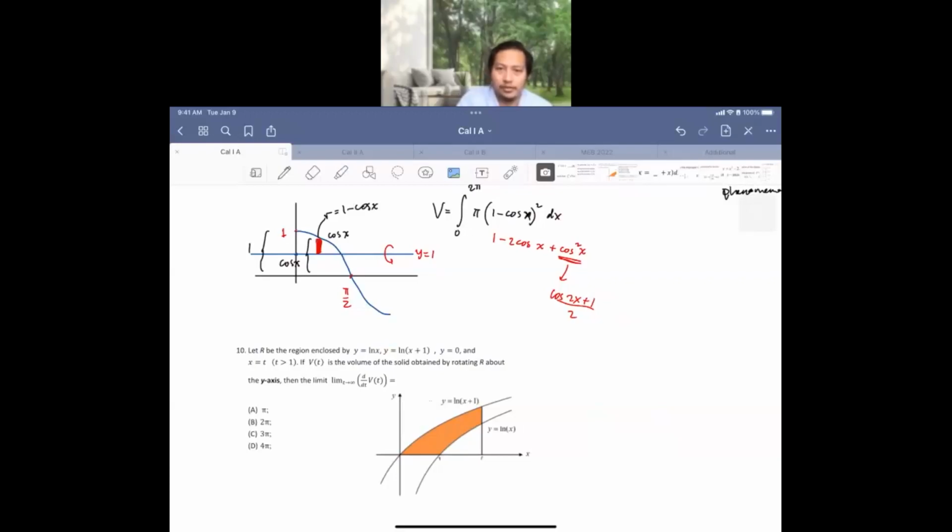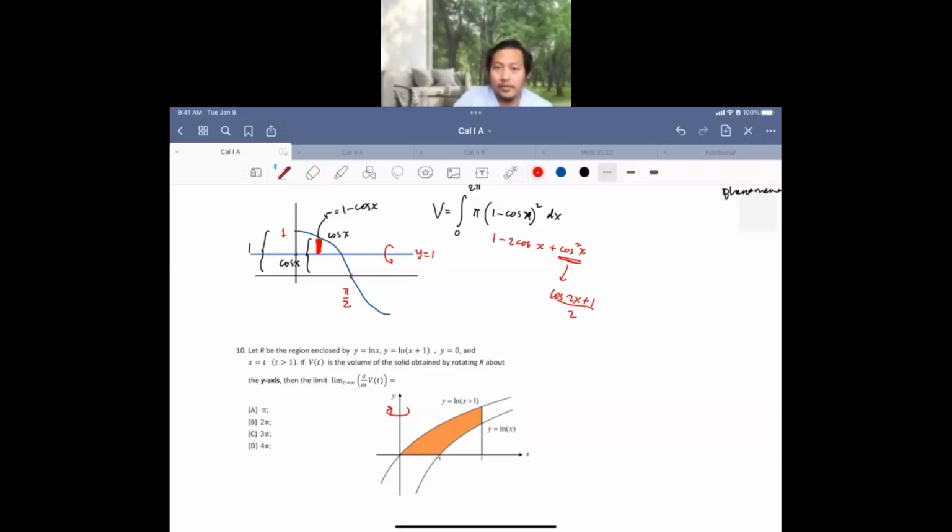We are going to rotate the r about the y-axis. So rotate here, y equals 0. It's perfectly in the picture already shown, and you have all the curve.